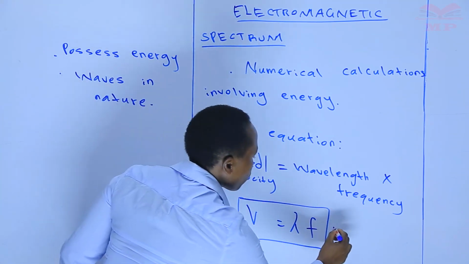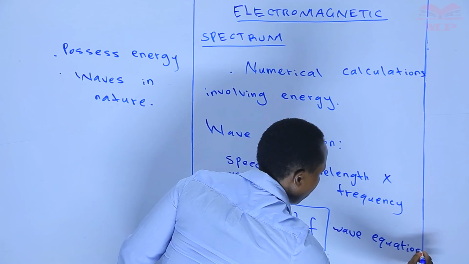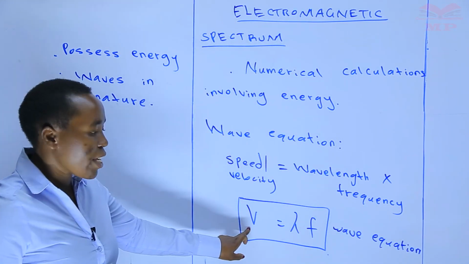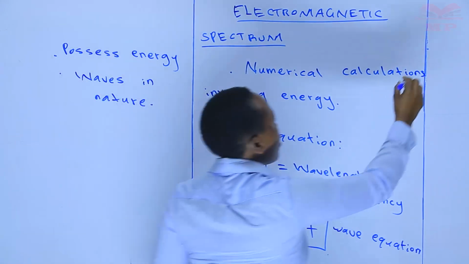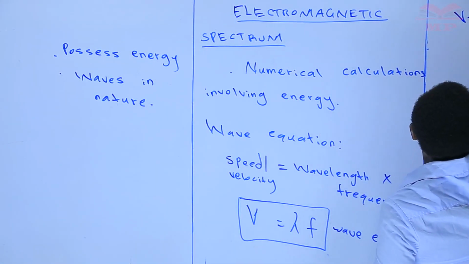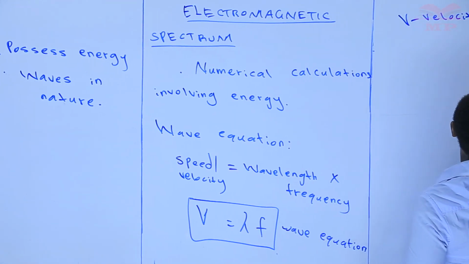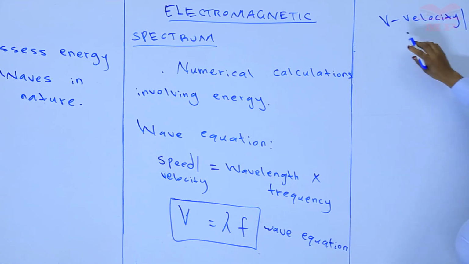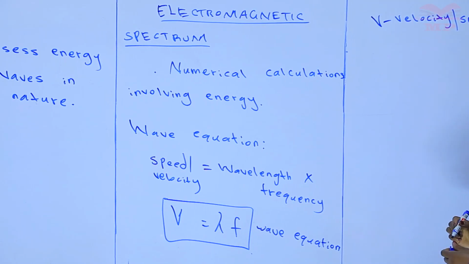This is what we refer to as the wave equation, where V is the speed or velocity of the wave, and the unit is meters per second.